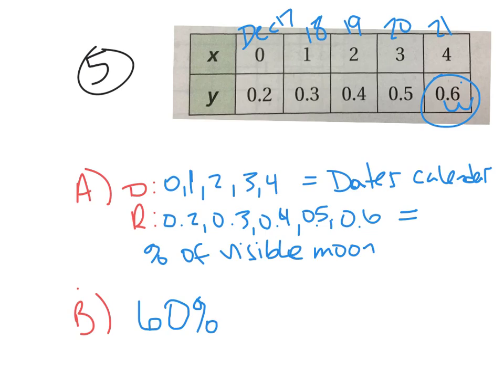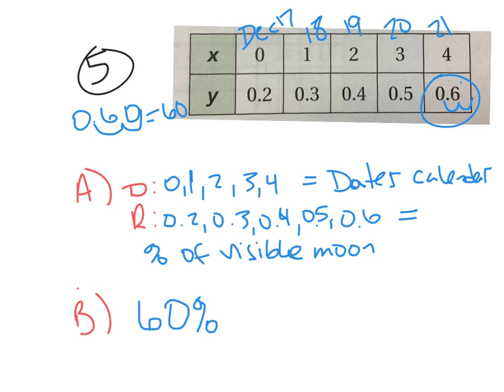If I move the decimal twice from 0.6, it becomes 60. That's how you find percent. You put it in a decimal, you move the decimal twice to the right, you can find the percent. If you change percent to decimal, you move the decimal to the left twice.